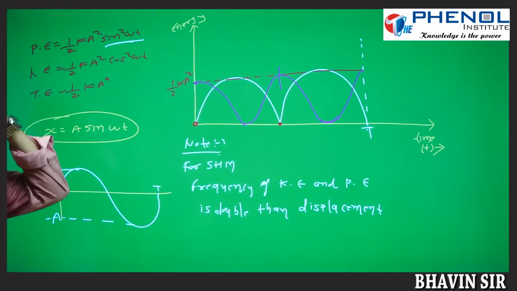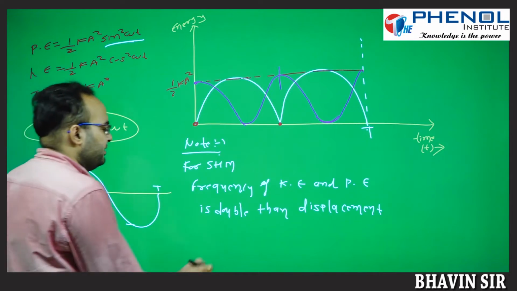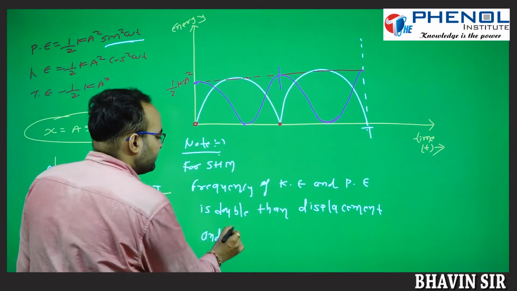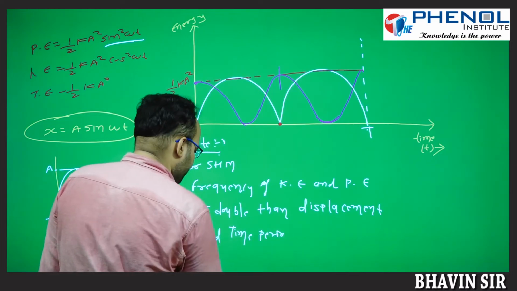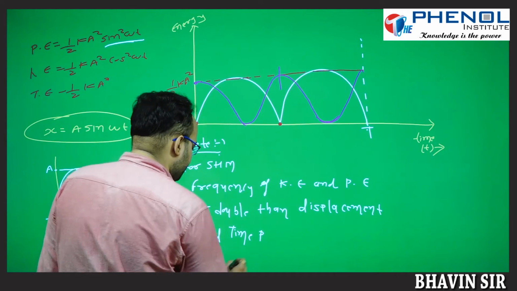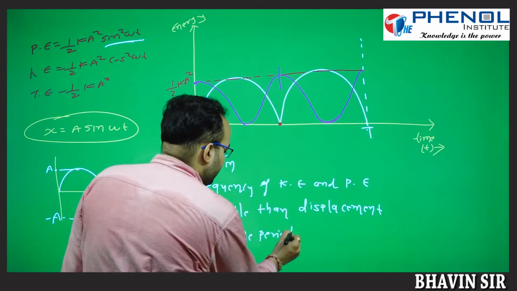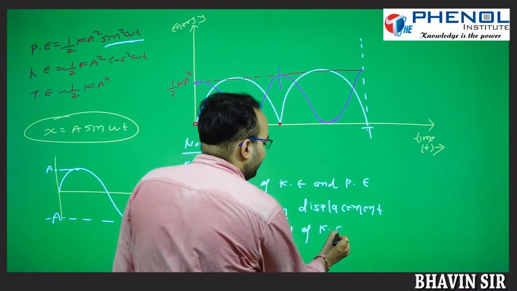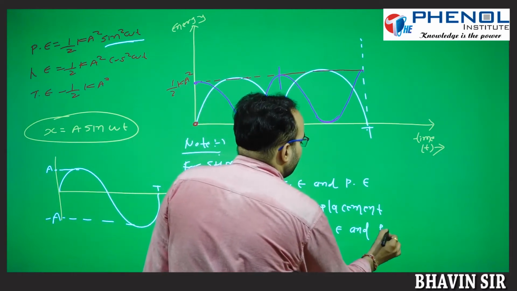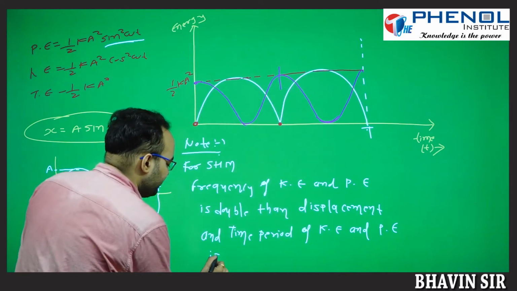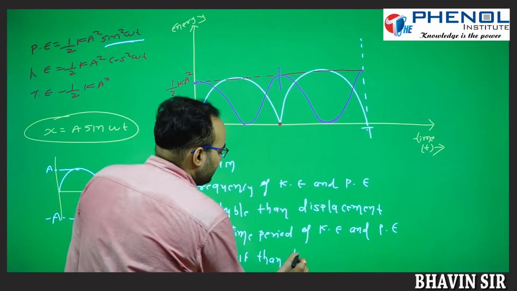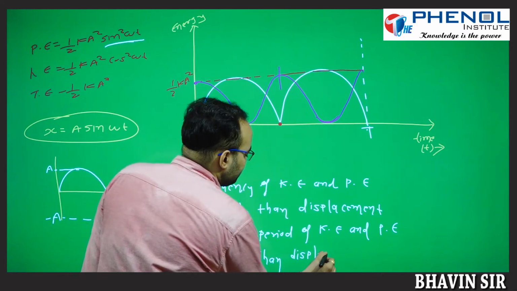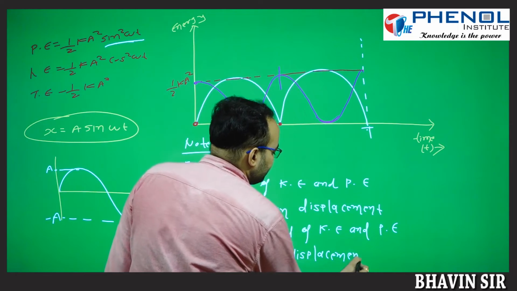And what is the time period? Half. Frequency double, so time period half. Okay, and the time period of kinetic energy and potential energy is half that of displacement. So this is a very important note, students.